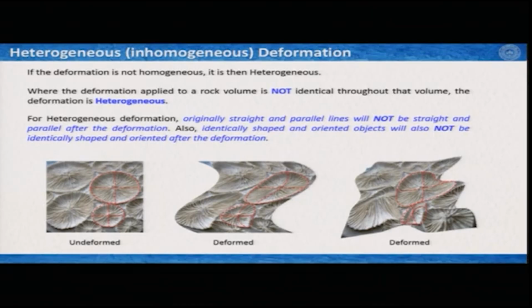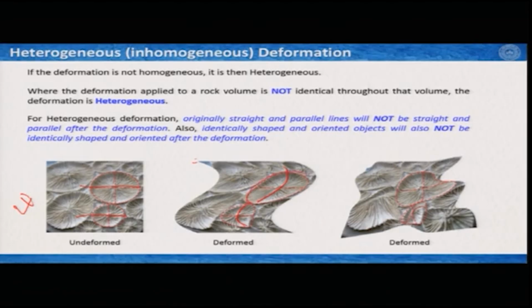And here is the example of heterogeneous deformation. So I have a very similar object, and using a computer simulation I deformed it in two different ways. What we see here is that apparently this geometry looks like it is going to give you a homogeneous deformation, but it is not. These two lines were parallel to each other, but after the deformation they are not parallel to each other.